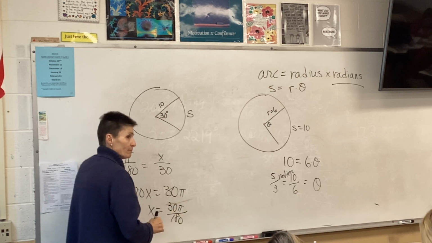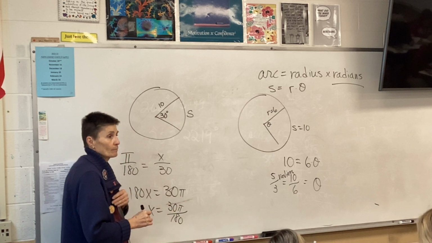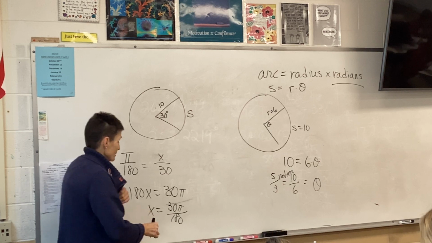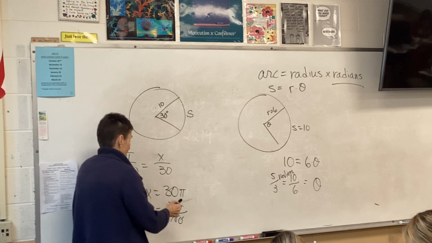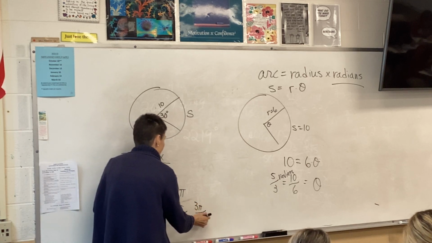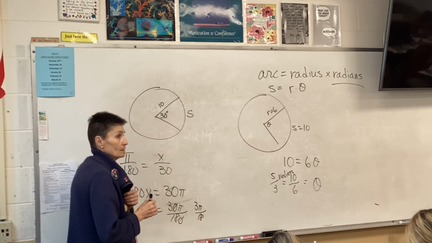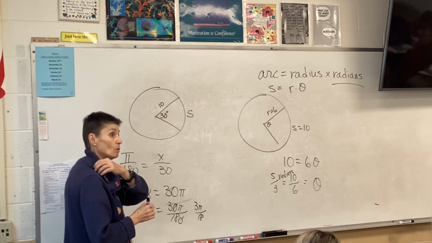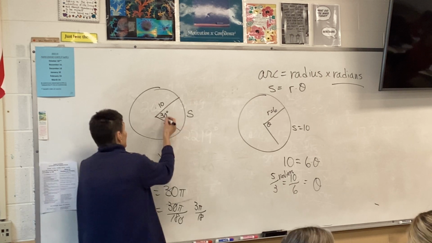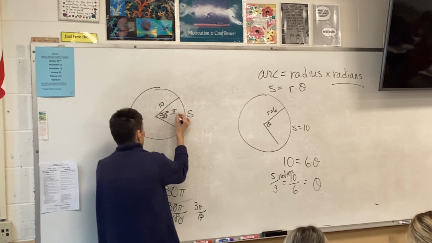So 180x equals 30 pi, and x equals 30 pi over 180. Let's reduce that if we can. So the zeros are canceled, right? So we have 3 pi over 18, which is 1 pi over 6. So now this angle is pi over 6.